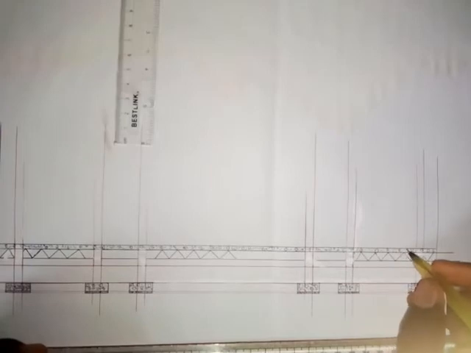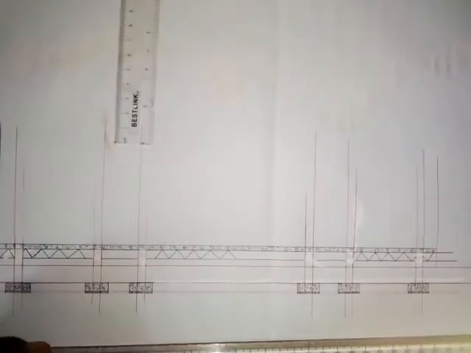The dots that I'm putting represent the sand. So that is for the concrete slab.